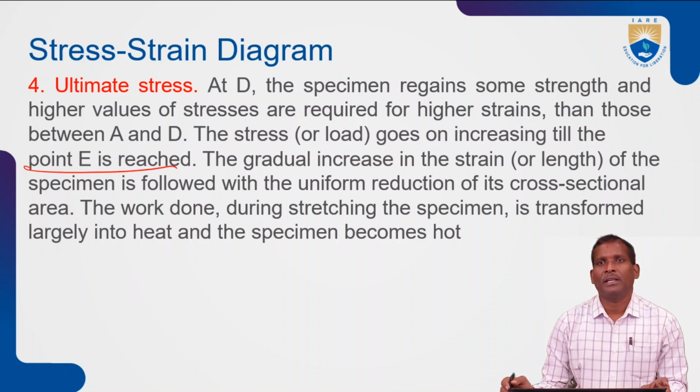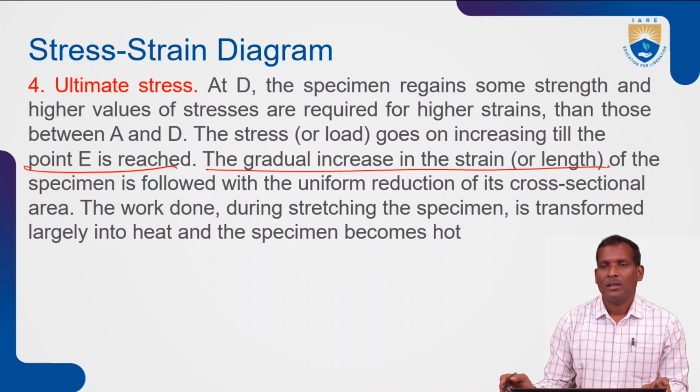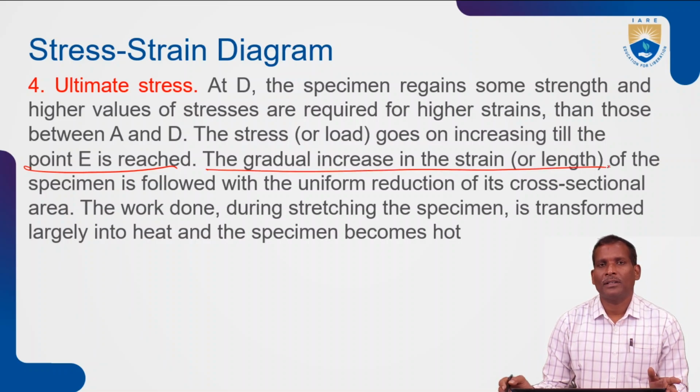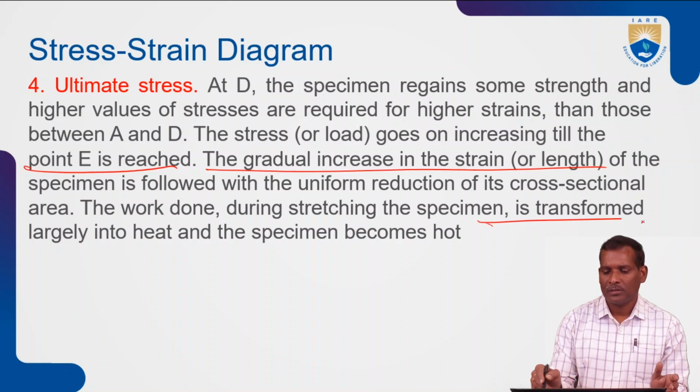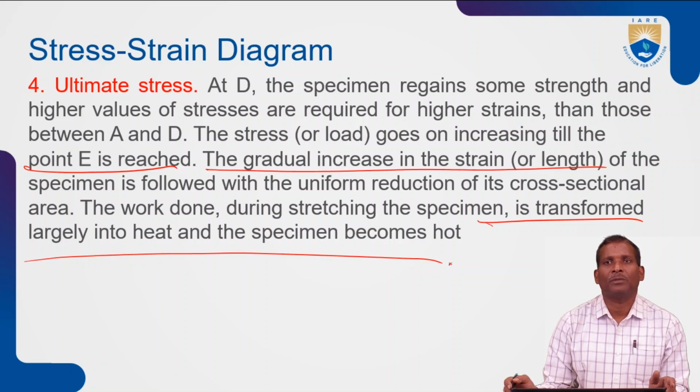So the gradual increase in the strain or length of the specimen is followed with the uniform reduction of its cross-sectional area. The work done during stretching the specimen is transformed largely into heat and the specimen becomes hot.